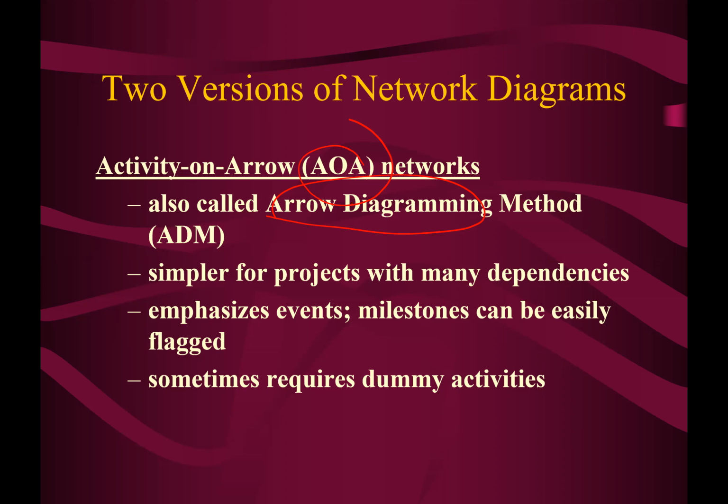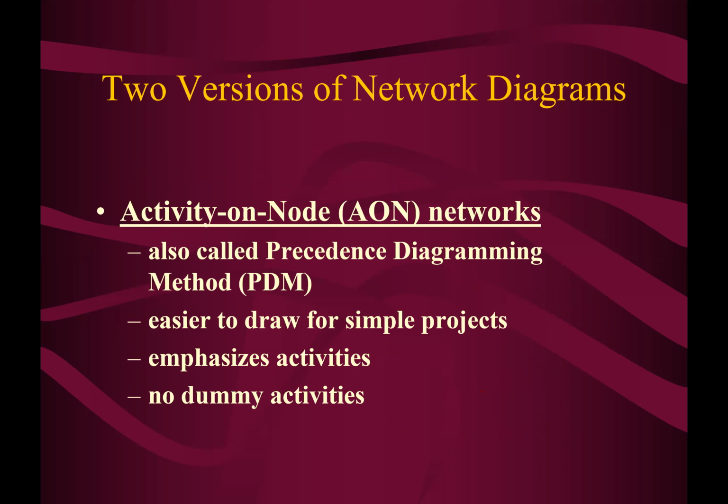But then there is the word dummy activity. Perhaps I already gave you a video about dummy activities, which you will hear again and again when we start developing an AOA diagram later on.